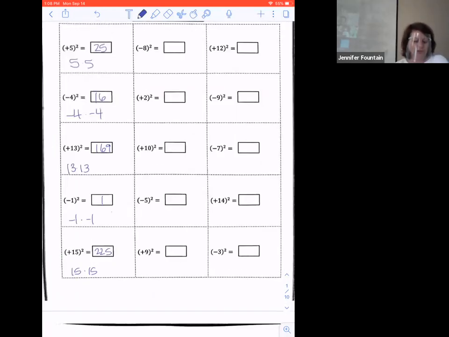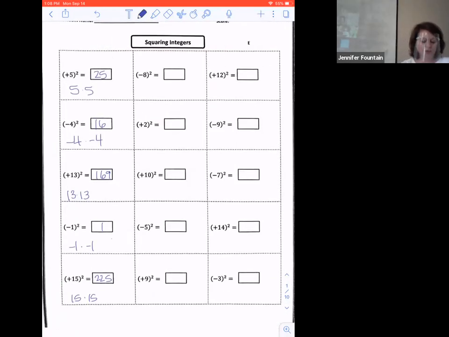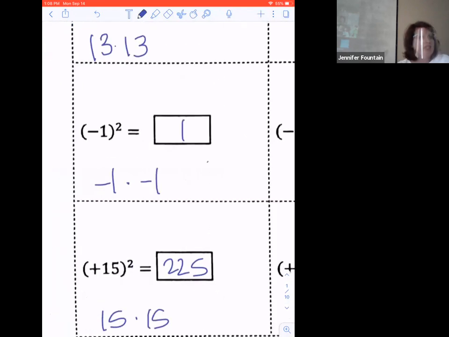All right, so we just went through these together. The middle column will be what we're calling homework. So negative 1 times negative 1, a negative times a negative is positive, okay? And then 1 times 1 is 1.